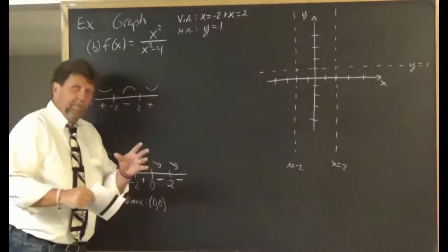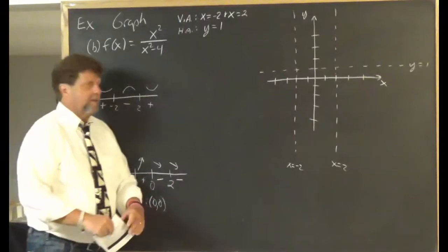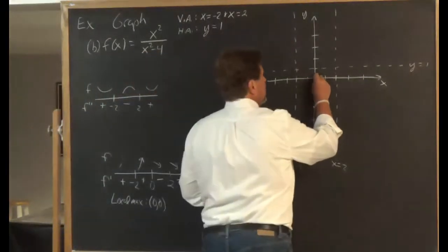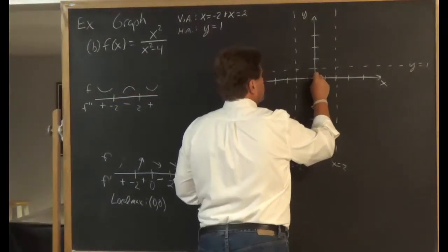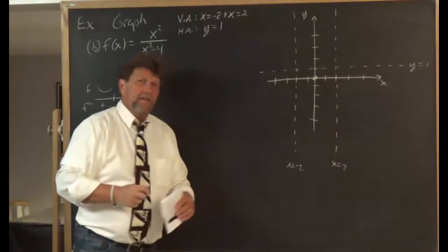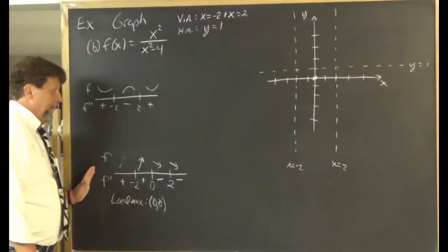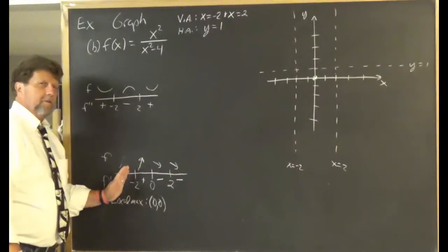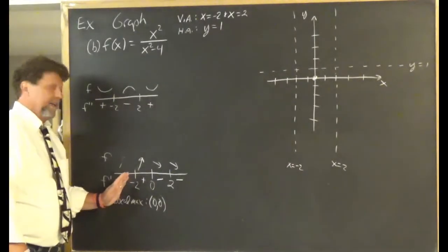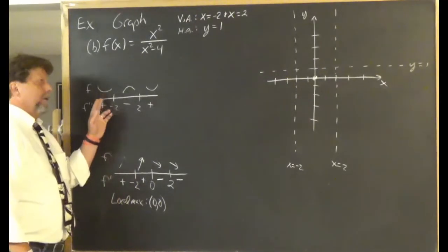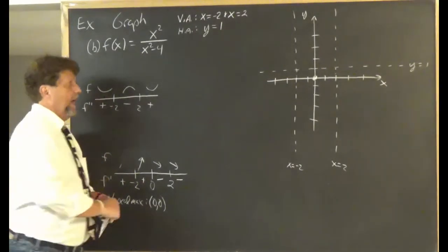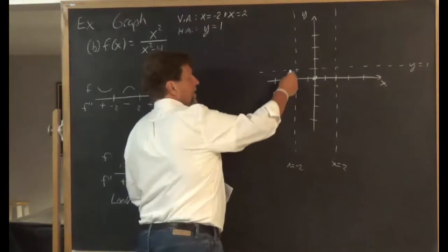We only have 1 point to plot, and that's a local maximum at 0, 0. We can sketch a graph because we know from -infinity to -2 the graph is increasing, and it's concave up. I know the graph can't start down here.